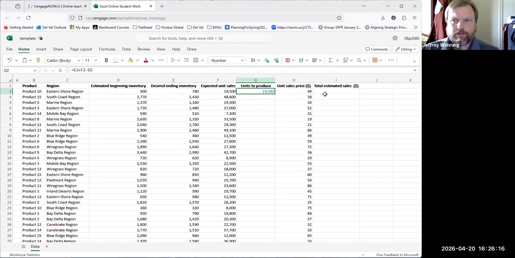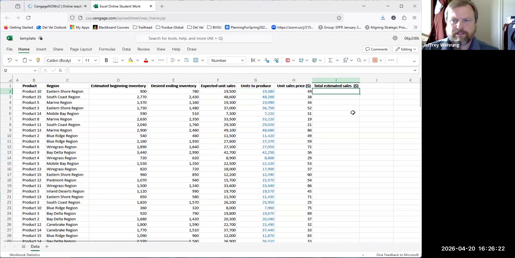Okay, now we'll go on to the second one, total estimated sales. This is an easy one, right? So we can take our expected units of sales times the sales price per unit and just multiply those together.